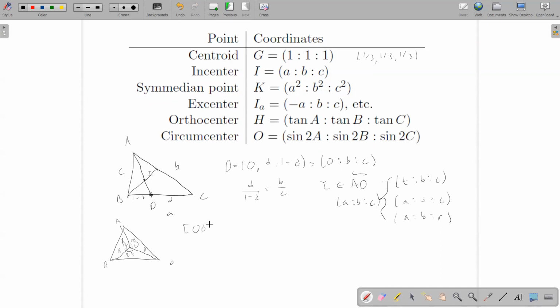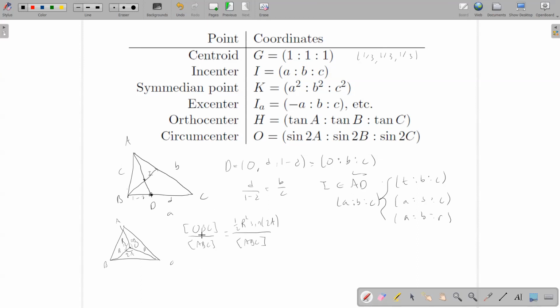And so the area of OBC over ABC will equal, well, the area of OBC is 1/2 R squared sine 2A, over ABC.